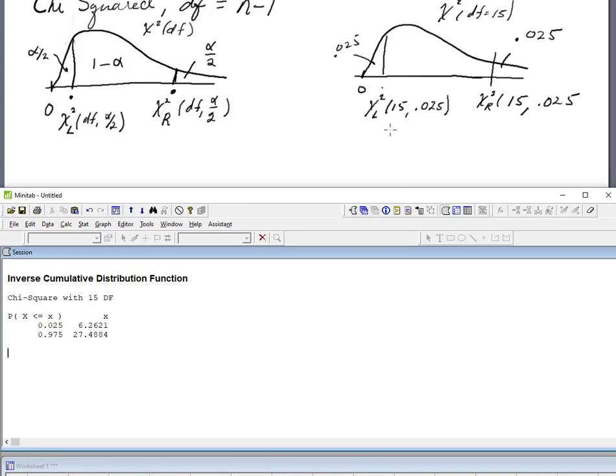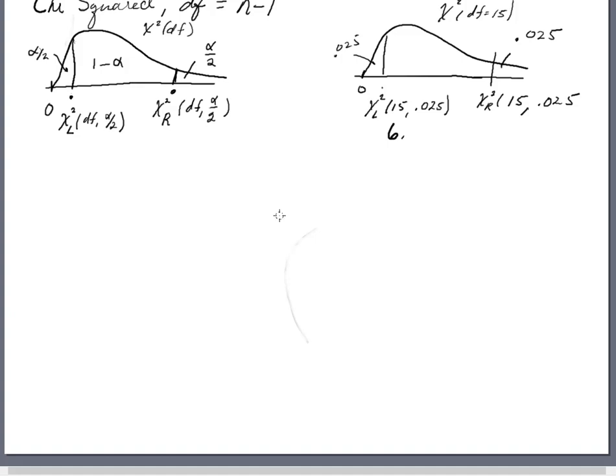Let me see if I can just record these for posterity. Minitab gives us 6.26. Two decimal digits is enough. 6.26. And this value up here is 27.49. So that was a quick look up in Minitab for a chi-square distribution.